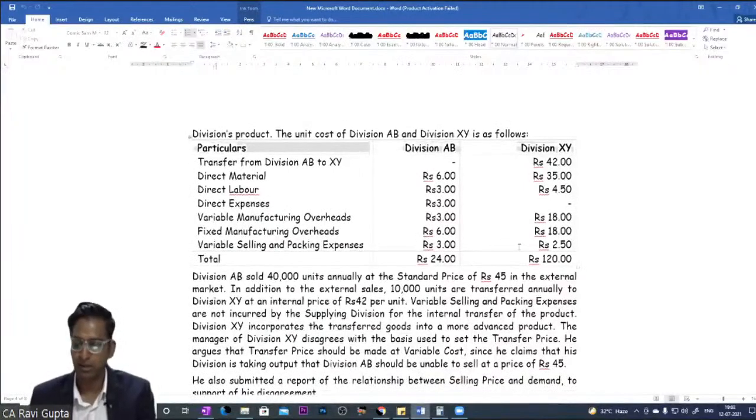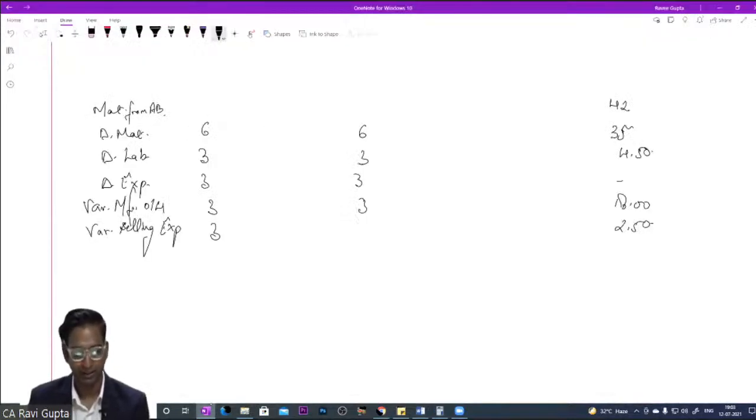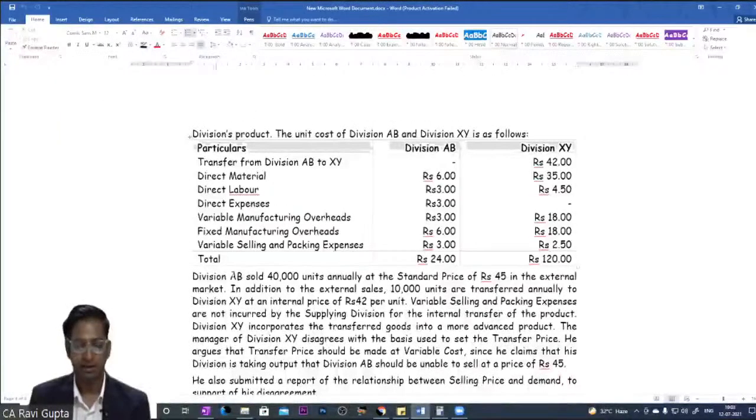Okay, so let's see what it is saying. Variable selling and packing expenses, 3 rupees and 2.5 rupees for division XY. Currently I'm writing only for clarity purpose, so that any cost is not being skipped. Division AB sold 40,000 units annually at a standard price of rupees 45 in the external market.